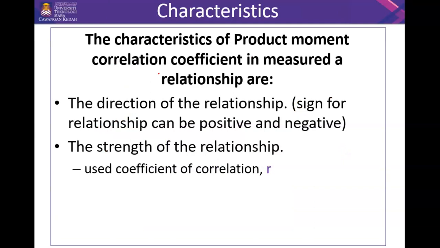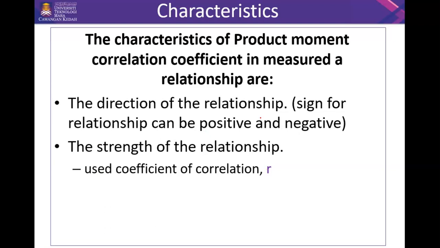In the product moment correlation coefficient, we can see two main things. The first one, the direction of the relationship. Same as the scatter diagram, product moment correlation can describe whether the relationship of the two variables is positive or negative.